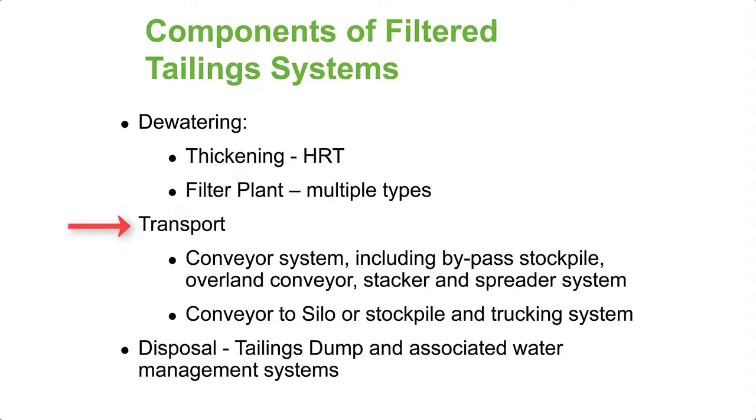So you either need a bypass at the tailings facility itself, or you need a bypass at the plant when there's upset or maintenance conditions. And if you're going for some sort of trucking system, you can consider a silo where the tailings is deposited into a silo and then it's batch deposited into a truck and transported to the facility.